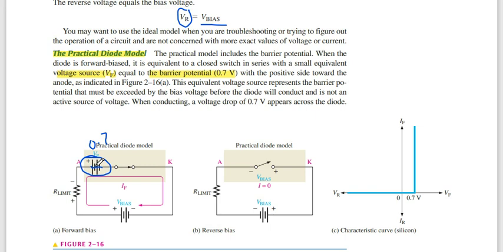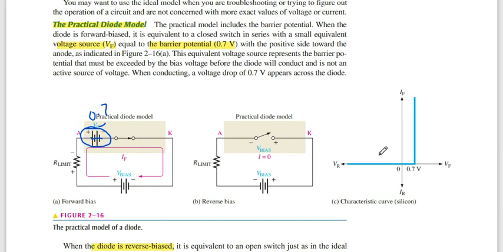It acts like a battery, because when a voltage of 0.7 volt or more is applied, it can conduct, since Vf is equal to 0.7, as you know. So the current can pass through the circuit, and in reverse bias it acts as an open circuit.